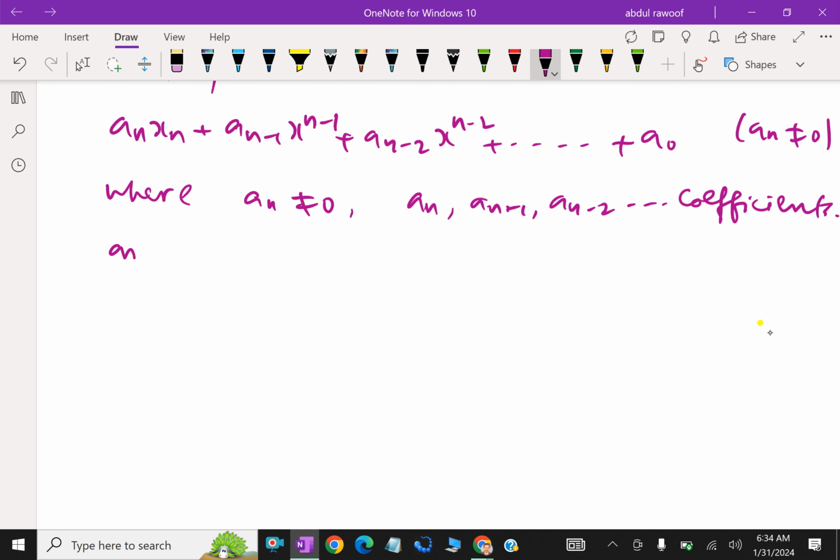And let alpha 1, alpha 2, alpha 3 and alpha n be roots of the equation.